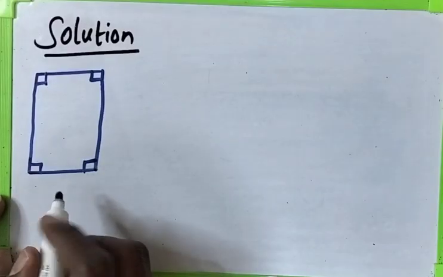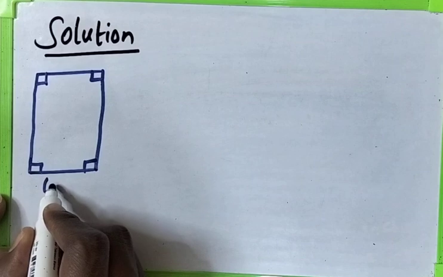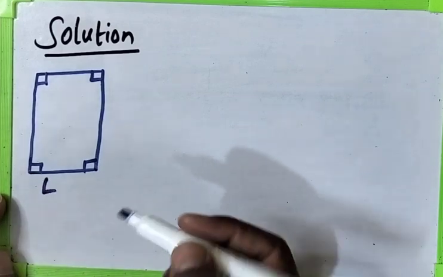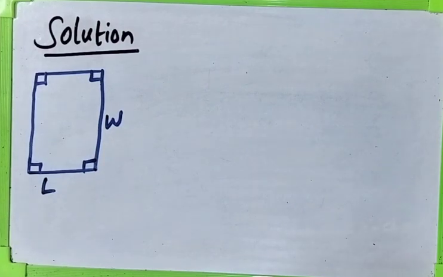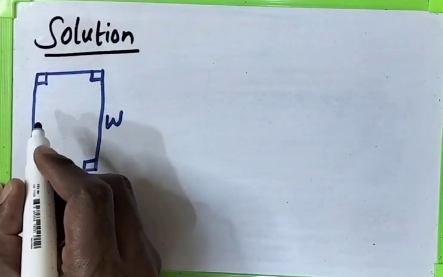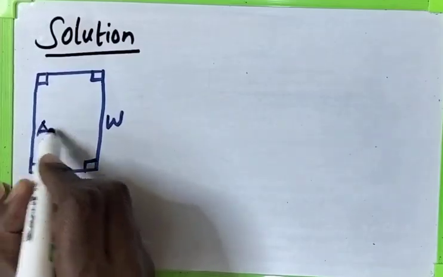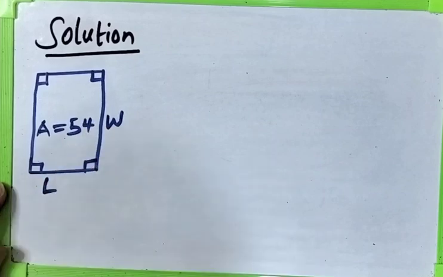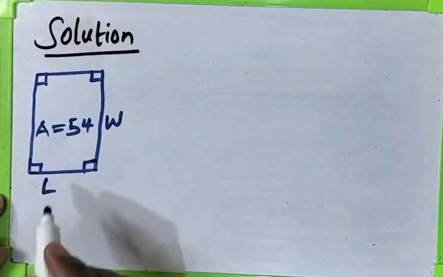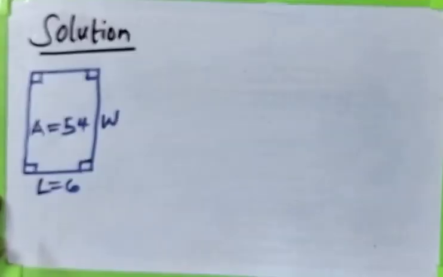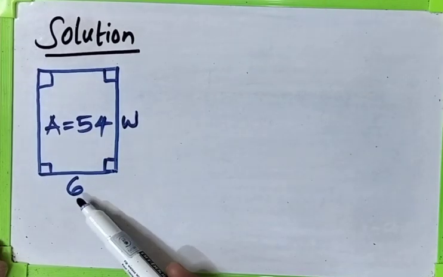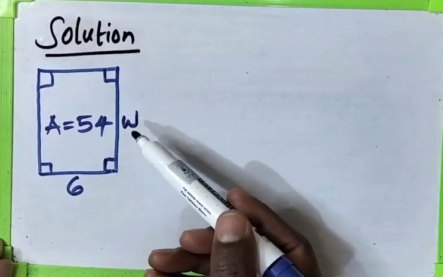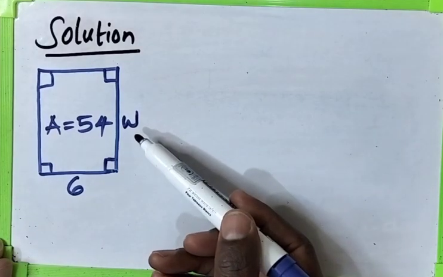Let us call this one the length, L, and this one the width, W. The area A is given as 54 square inches and the length is 6 inches, width is unknown, we let it be W.